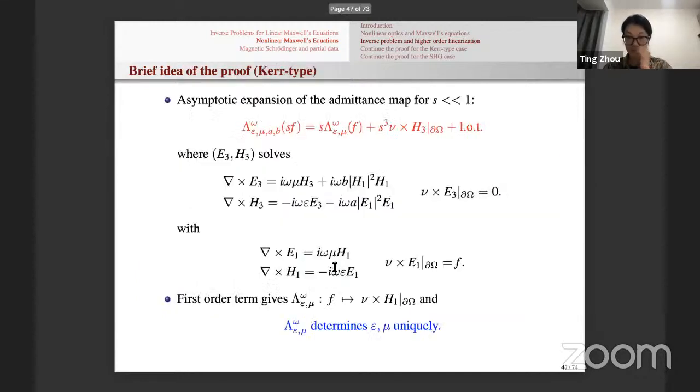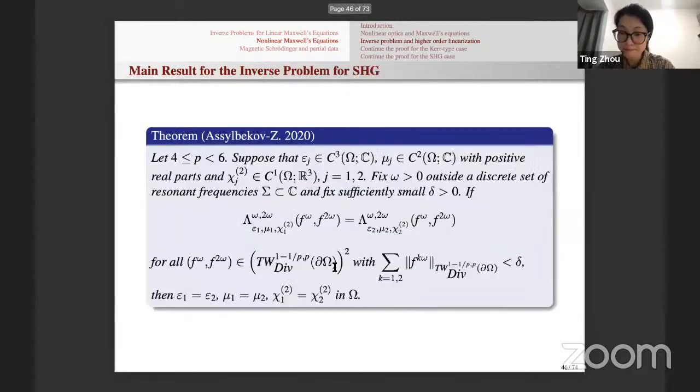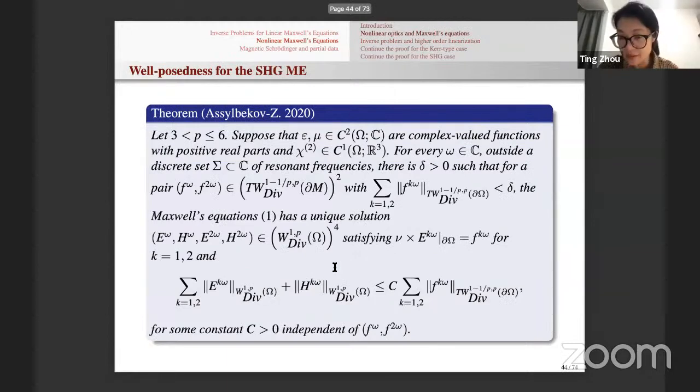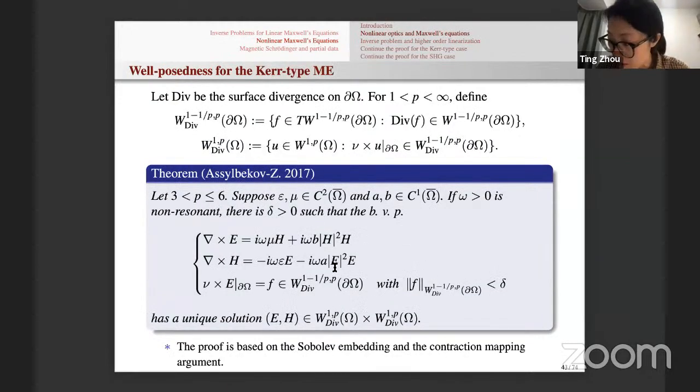Hello, Zhou, can I ask a question? Yes. This is Rohit. So this condition on P, that P is strictly bigger than 3, is this due to the kind of nonlinearity you are taking, or is there any other reason?